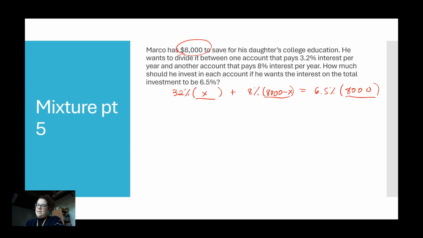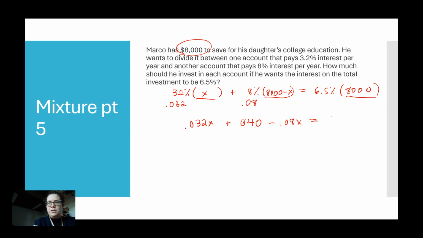All right, time for some multiplying. I'm going to switch these percents actually to decimals to make my life easier. So I don't have to divide everything by 100 at the end. So I have 0.032x plus 640 minus 0.08x equals, and then let's find out what 6.5% of 8,000 is.